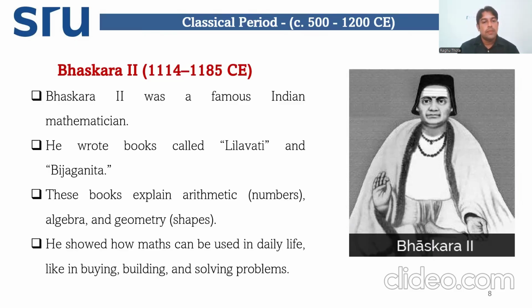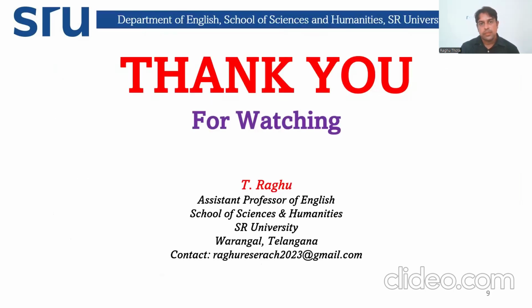He showed how mathematics can be used in daily life, like buying something, building something, and solving problems. These are all the different contributions of Bhaskara to ancient Indian mathematics. So these are all the famous ancient Indian mathematicians and their contributions to Indian mathematics.